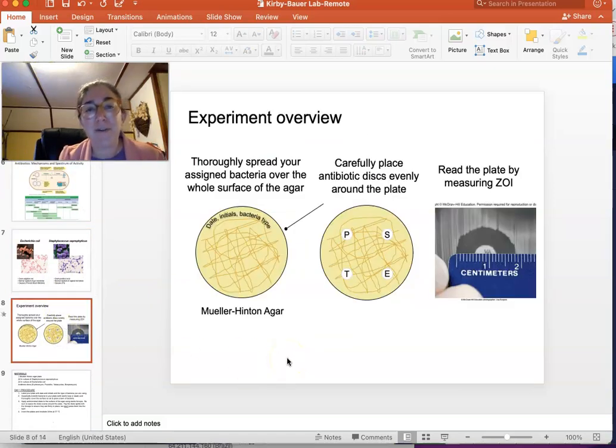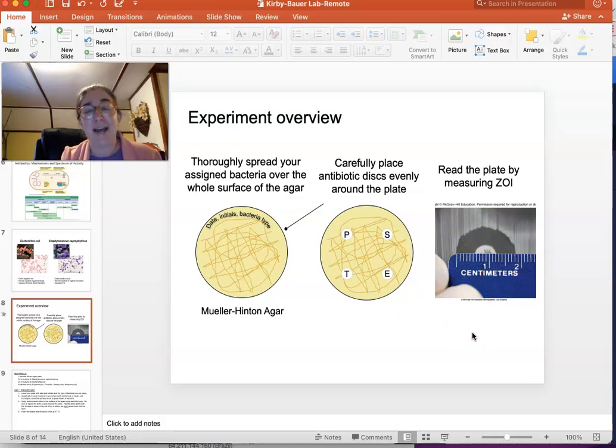So the experimental overview, what y'all already did was you labeled a Mueller-Hinton agar plate, and you used a cotton swab to completely inoculate a lawn of bacteria onto the plate. And then you placed 4 different antibiotic discs around the plate, and we incubated them, and the lawn grew, but on some of them, there was a zone of inhibition around some of those antibiotic discs.